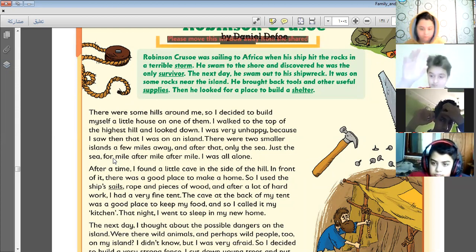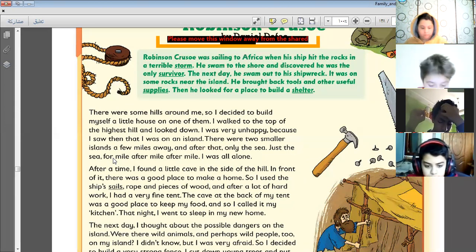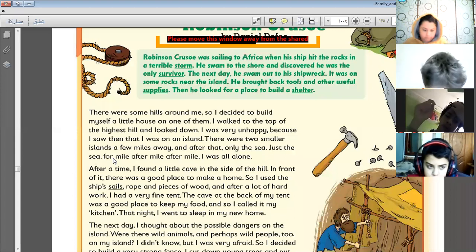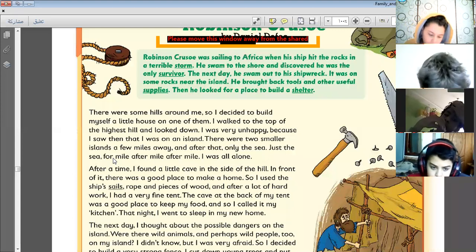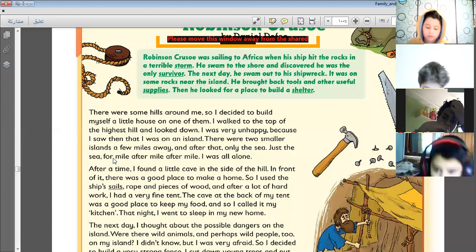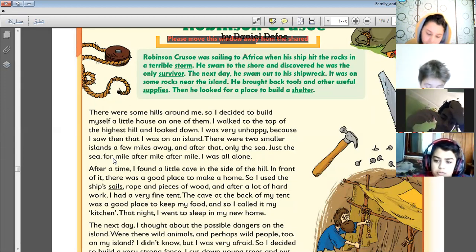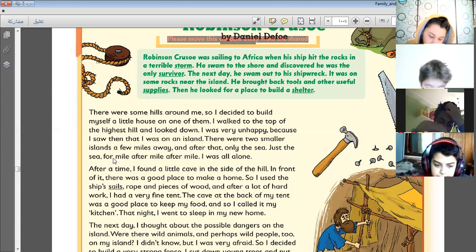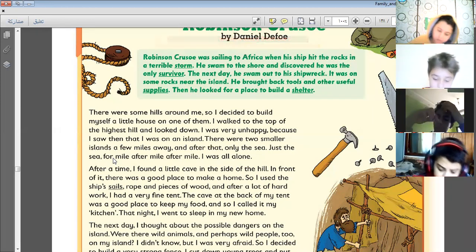Now, let's stay on paragraph number 1. Extract from paragraph 1 the past simple. Extract the past simple from paragraph 1. Me? Yes, you. Teacher, decided, walked. Let's stay at decided. Underline decided in line number 6.